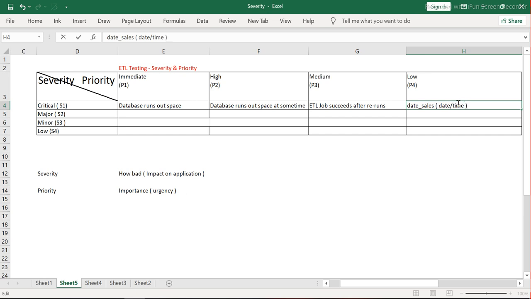This is expected behavior, guys, okay? But when it loads into the database, it only populates the date, which means we are not populating the time, right? So in this case, we are getting the data, but it is not in the correct format, right? We are only getting the date, but yeah, I mean, it's not bad, right?